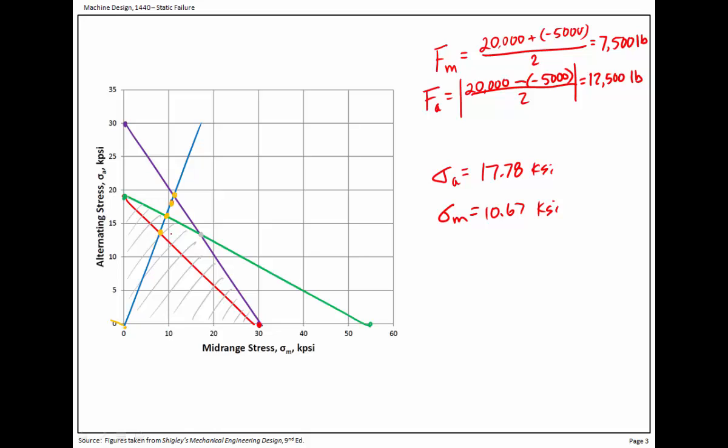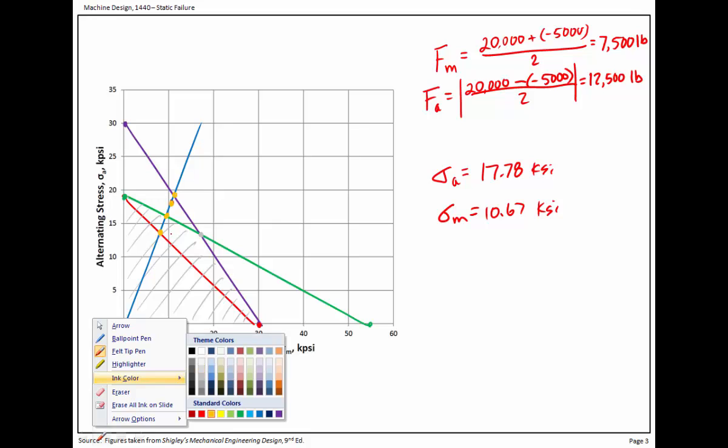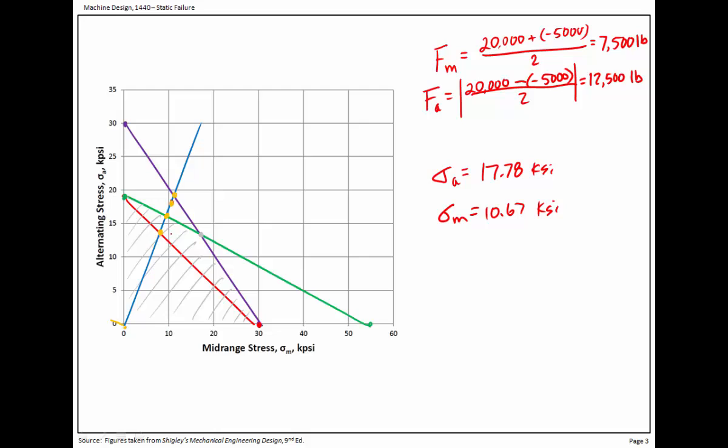Now the last part is we're going to use the Goodman criteria to find the equivalent completely reversed stress. First off, we can do that graphically, though we're going to find it numerically.